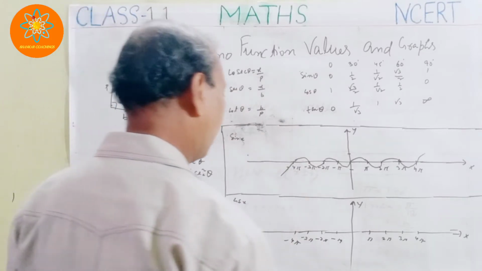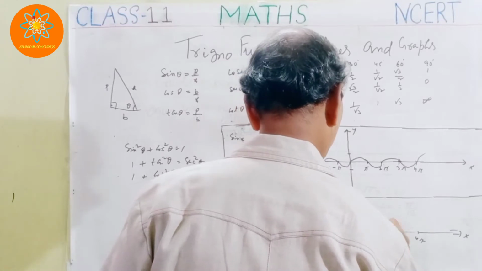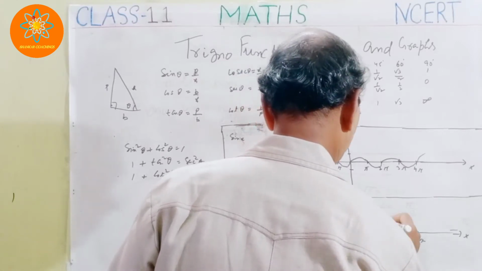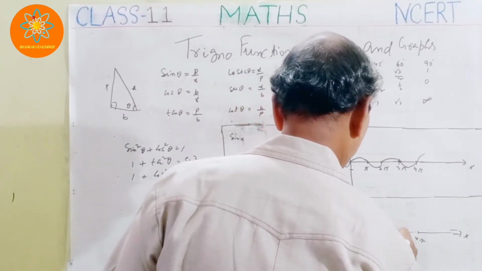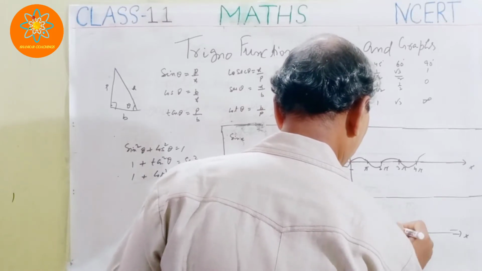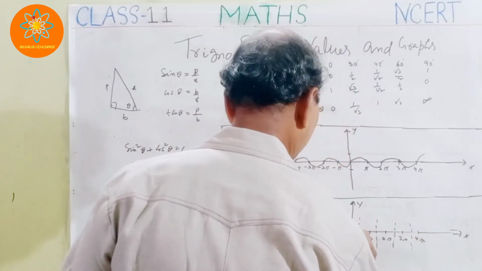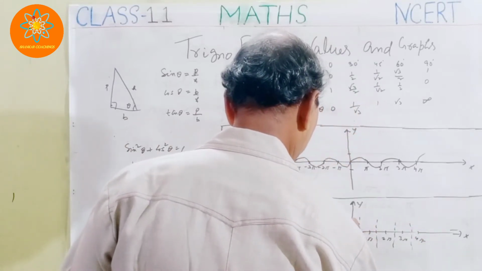Now this is pi by 2, and this is 3 pi by 2, 5 pi by 2, 7 pi by 2. Likewise here also it will be like this.